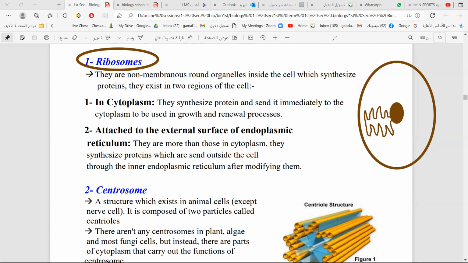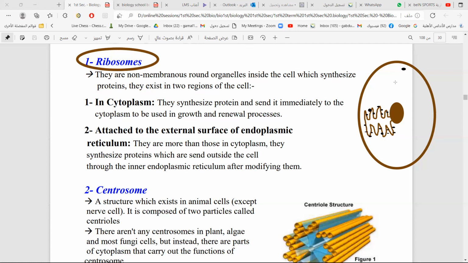They are small, spherical, round-shaped particles on the surface of the endoplasmic reticulum. When they are found on it, we say this is rough endoplasmic reticulum, because some endoplasmic reticulum doesn't contain ribosomes. The endoplasmic reticulum which contains ribosomes is called the rough endoplasmic reticulum.